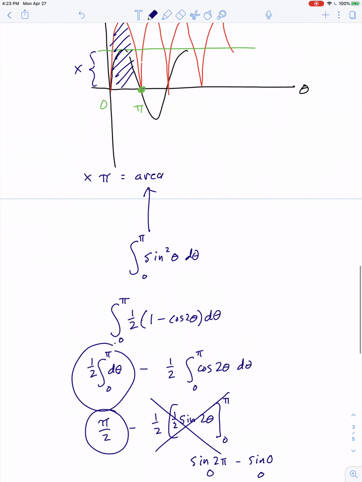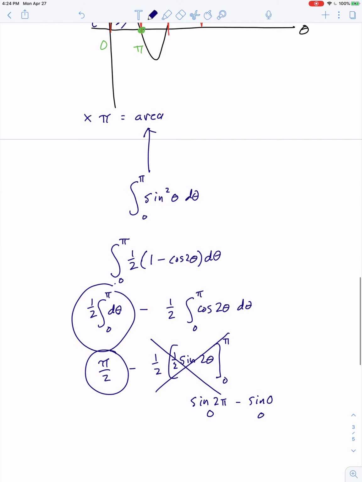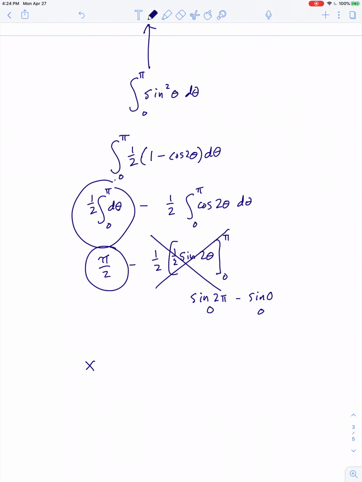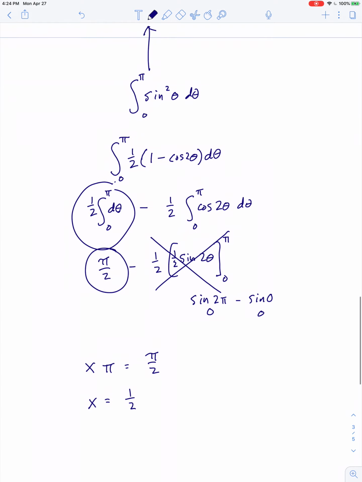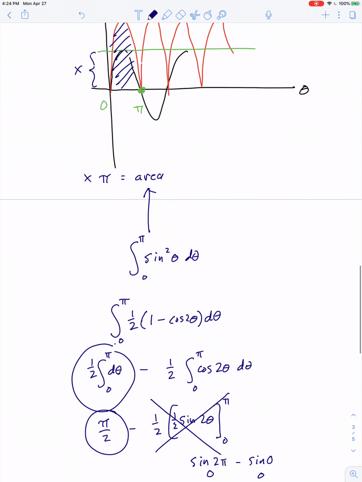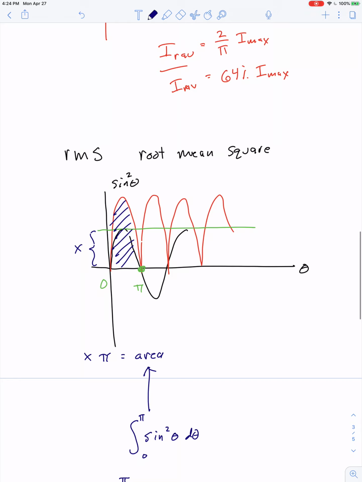Okay. So x times pi has to equal pi over 2. So x is equal to 1/2. But wait a minute. Wait just a minute. This is the average value of sine squared.